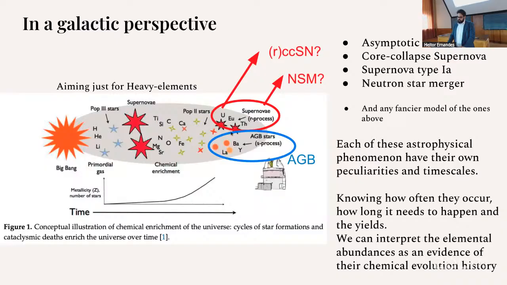But with these elements, we can trace the evolution path of a galaxy that, once born, the first stars had this production of the light elements. They explode, so we likely experience some core-collapse supernovae in the very beginning because this phenomenon is quite fast. And then maybe later some neutron star mergers in their system, and for sure some AGB stars.